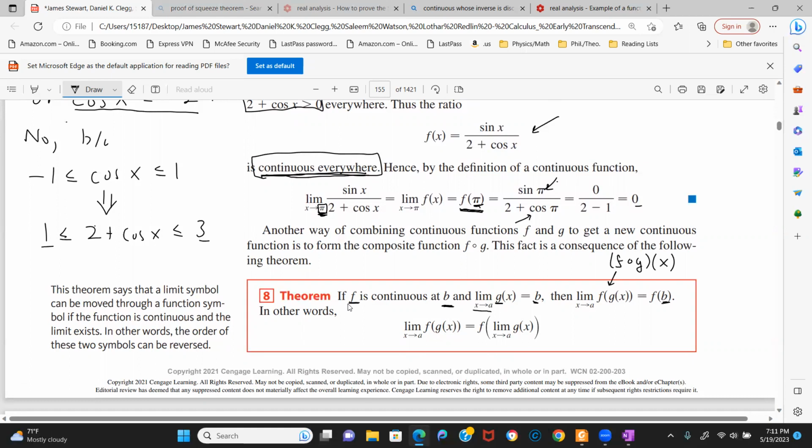I prefer this way of wording it though, because it avoids having to state this number b.